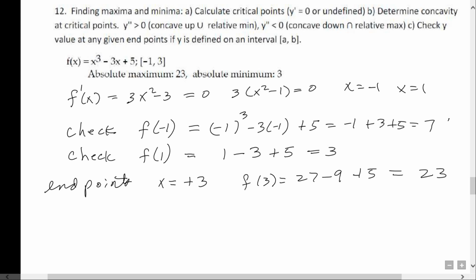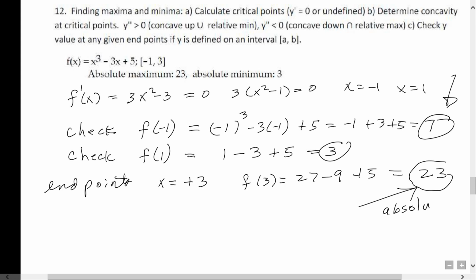Now we look at all of these values, and of course the other endpoint happens to be minus 1, so we calculated it too. So the absolute max is 23. And the absolute minimum is equal to 3.